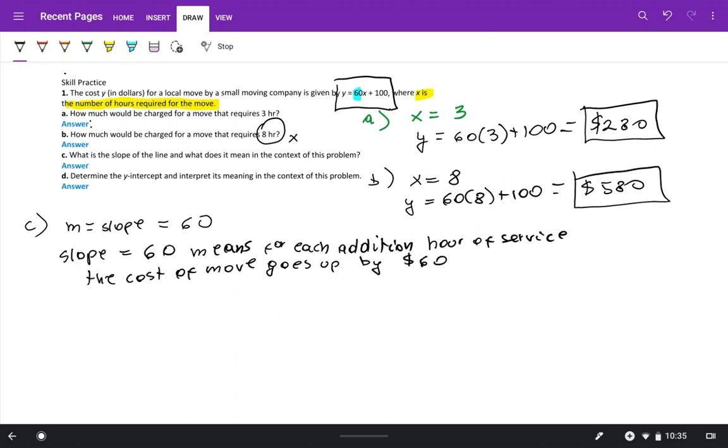So technically they charge $60 for each hour of service. And D, find the y-intercept. So the y-intercept, straight from the equation, is 100.